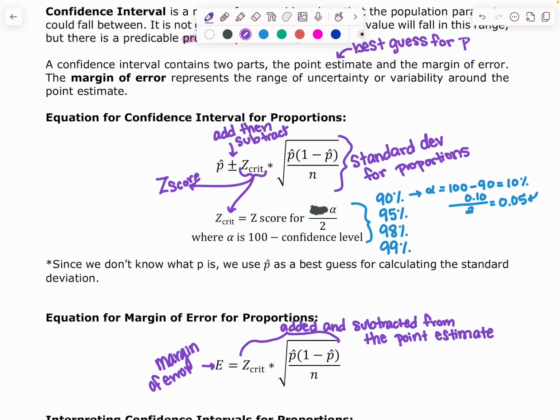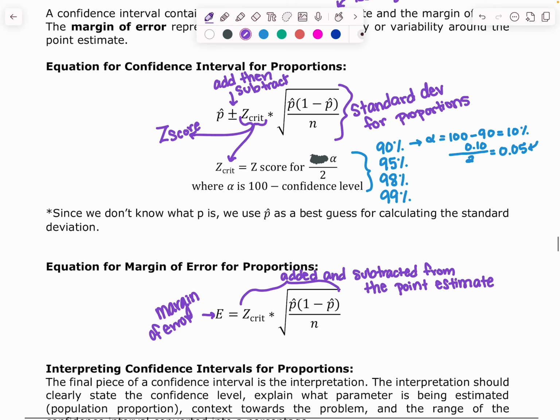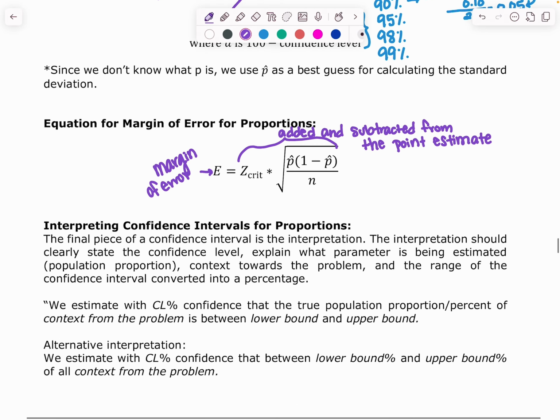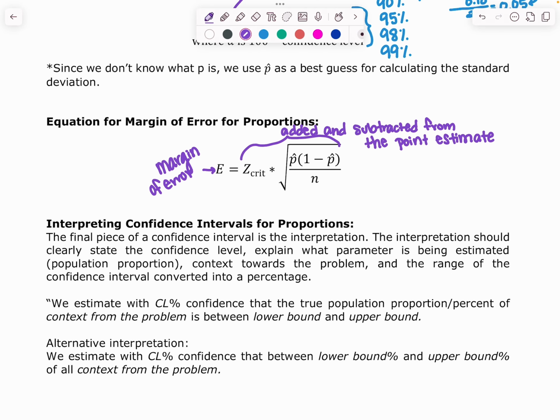Once we have our confidence intervals, we want to write out an interpretation. So the final piece to any confidence interval is to interpret our confidence interval. Our interpretation should contain a few key pieces. It should include the confidence level.